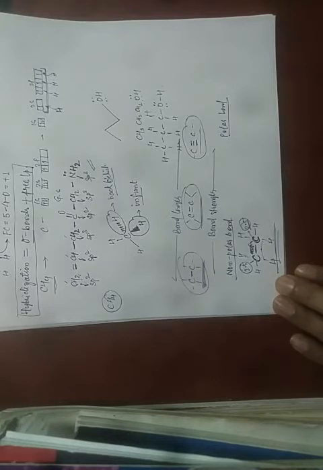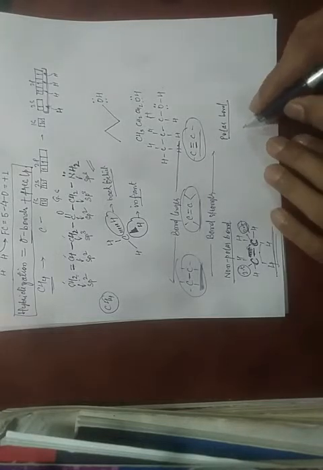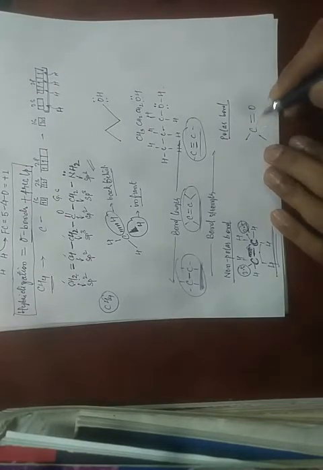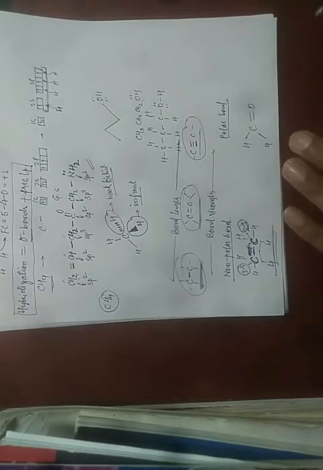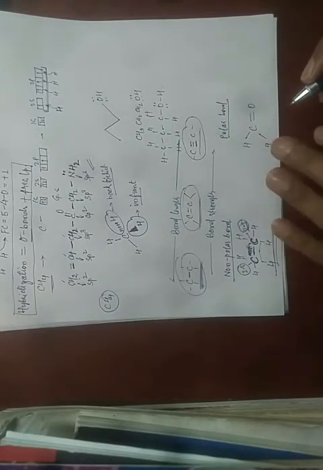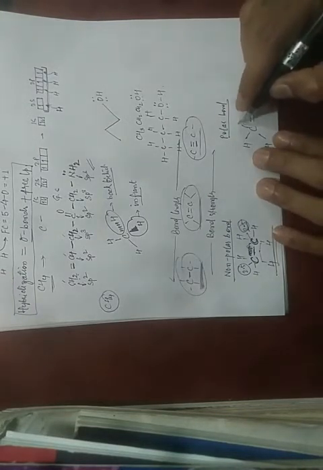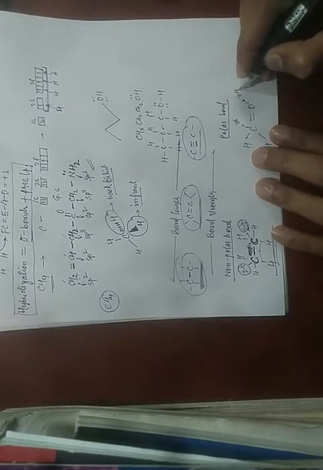Okay, now when we are talking about the polar bond, which type of bond will be a polar bond? In this case you can take a simple example. Suppose we have carbon-carbon double bond oxygen, and here is hydrogen. You know that carbon has an electronegativity of 2.5, and this oxygen has an electronegativity of 3.4.